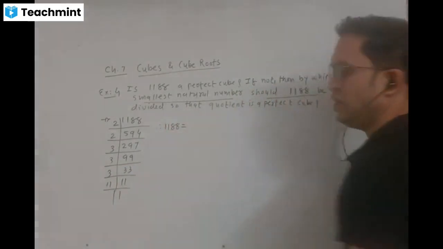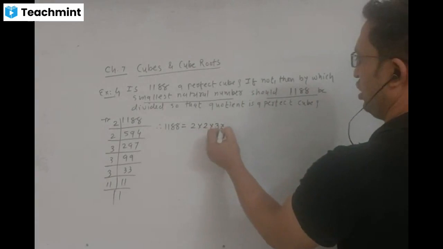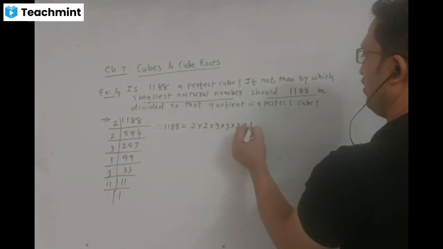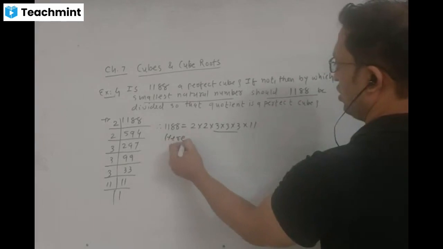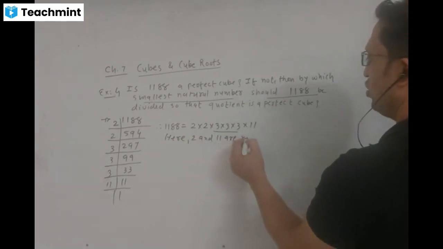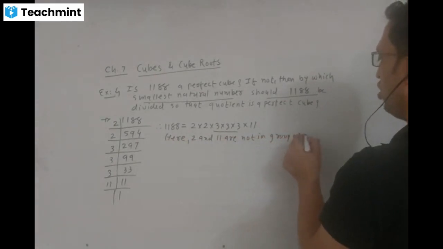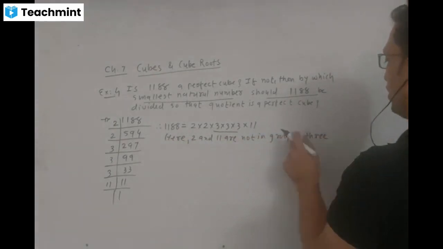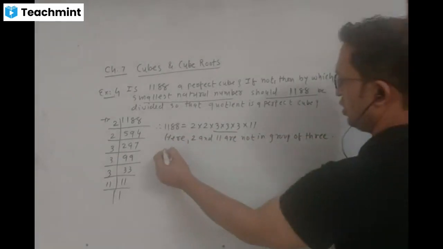Therefore, prime factors of 1188: 2 into 2 into 3 into 3 into 3 into 11. Here only 3 is in a group of 3. 2 and 11 are not in a group of 3. Therefore, it is not a perfect cube number.